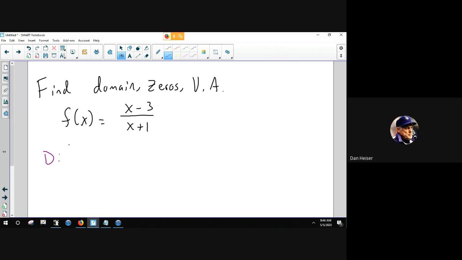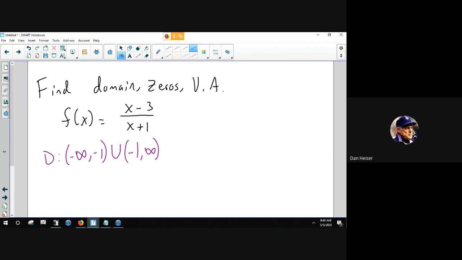So my domain, -infinity, all the way up to -1, but I cannot use it. So I will union that with -1 starting over here. But again, it is not a bracket. It is a parenthesis all the way to +infinity.